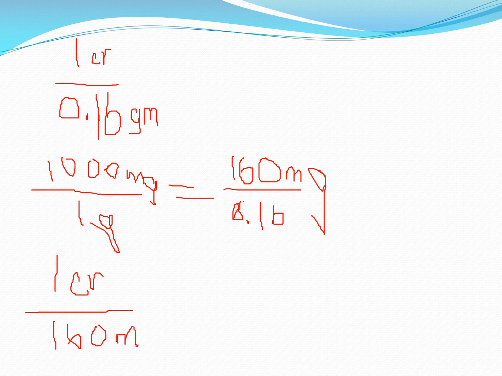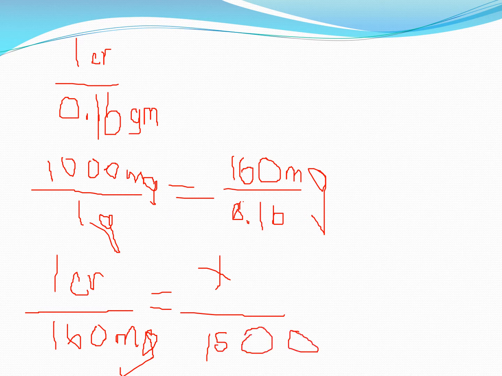And we want to know how many crackers that is in 1500 milligrams. Okay, so this is 1500 milligrams, and we're trying to figure out how many crackers we can have.